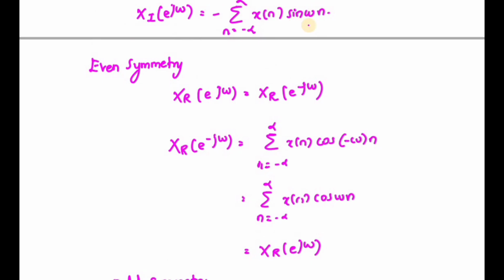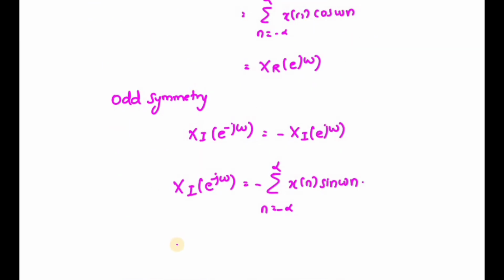If I substitute minus omega in the above formula, I will get minus summation x of n sin of minus omega n.